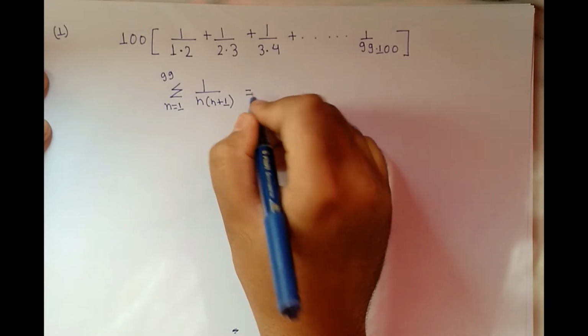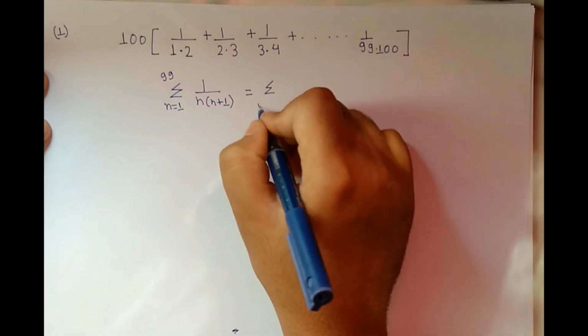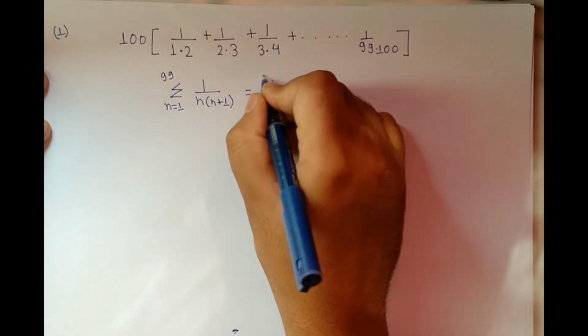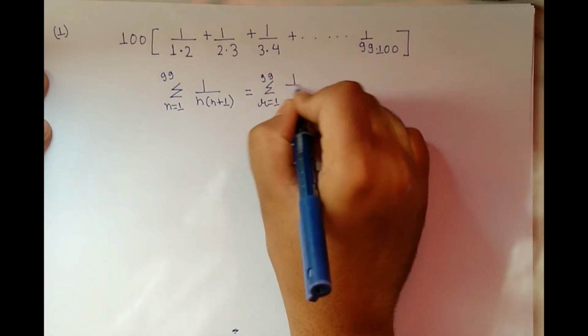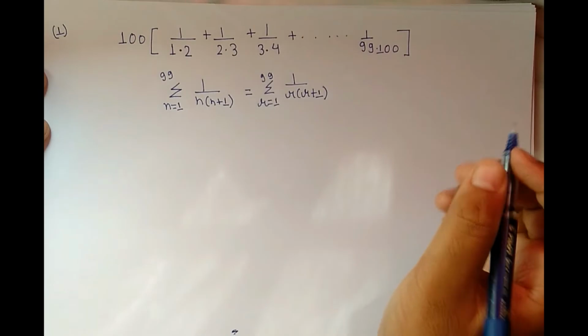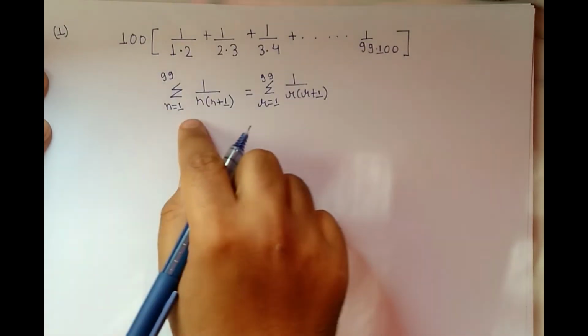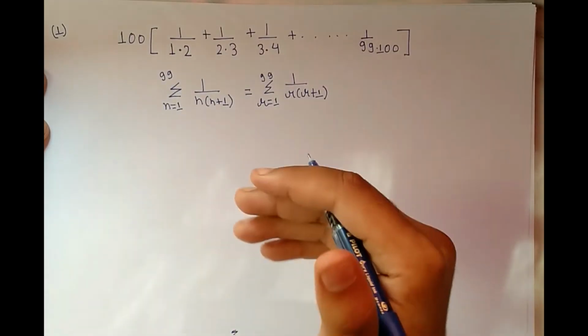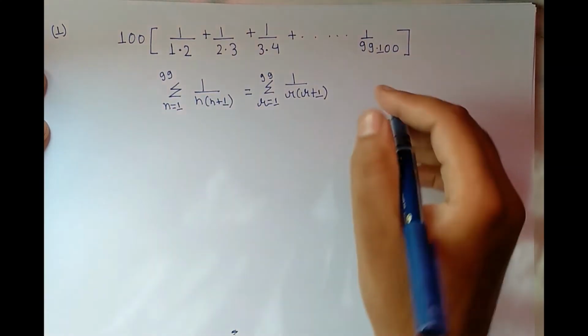So over here, I would basically convert this into r is equal to 1 to 99, 1 divided by r into r plus 1, because we generally denote the general term by r, not by n, because n is generally used for representing the last term.